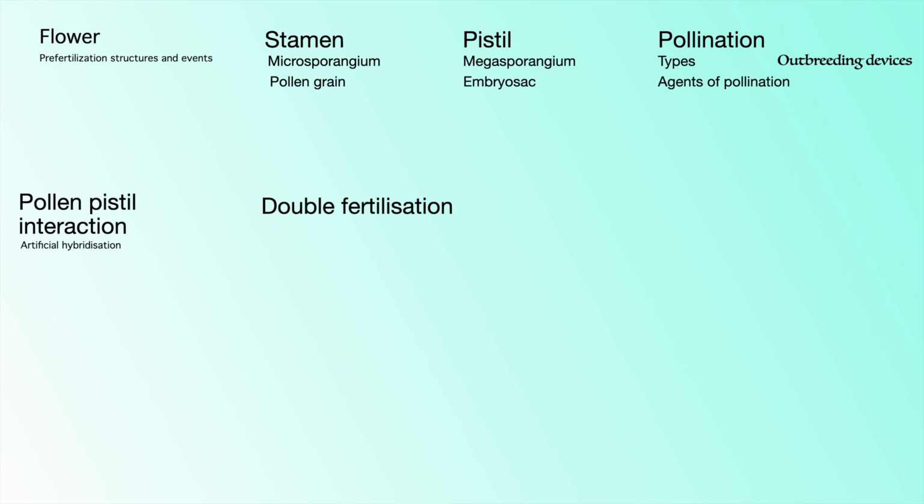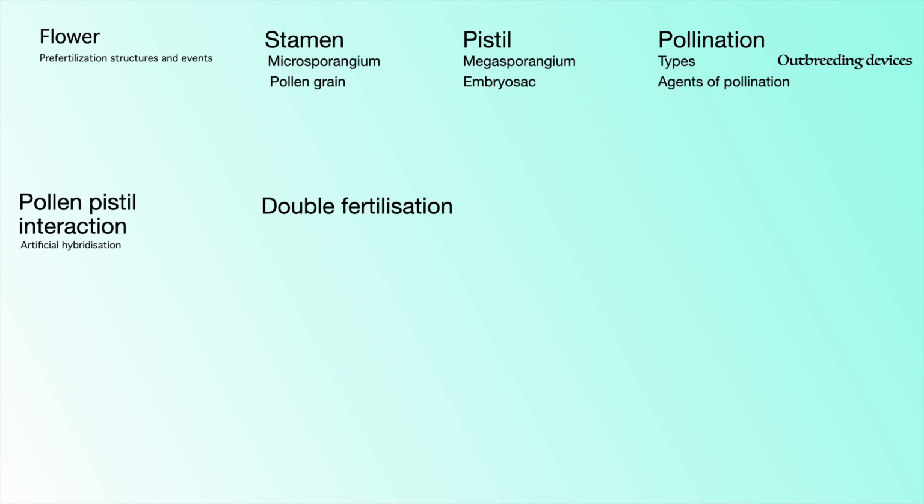One male gamete moves towards the egg cell, and the nucleus of the male gamete fuses with the nucleus of the egg cell. We know that the nucleus of the male gamete is haploid and the nucleus of the egg cell is also haploid.